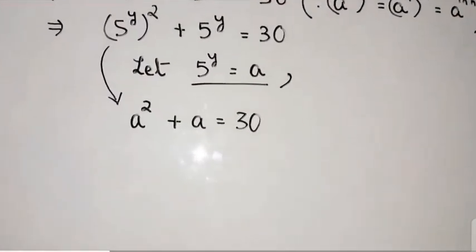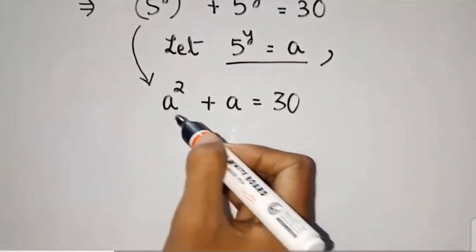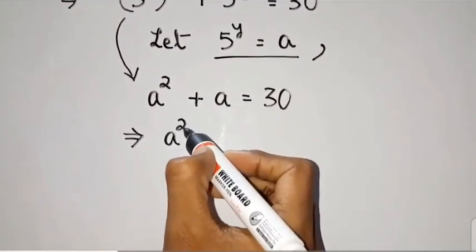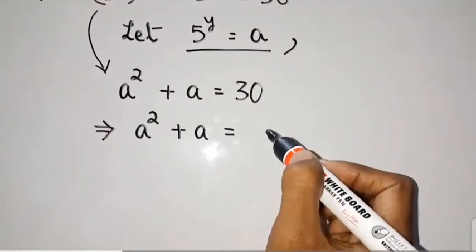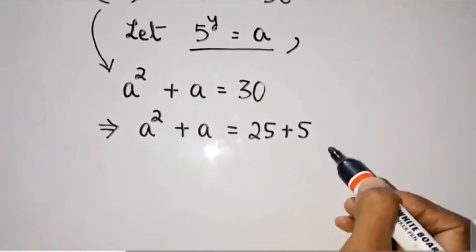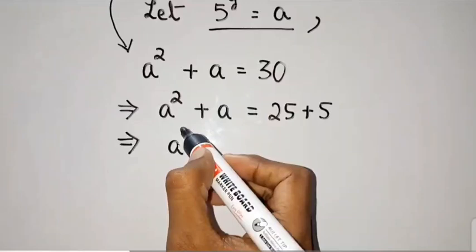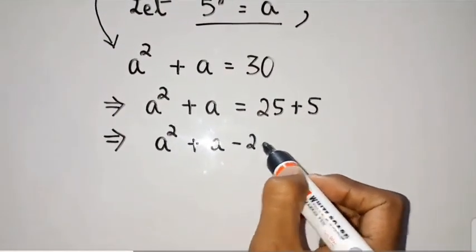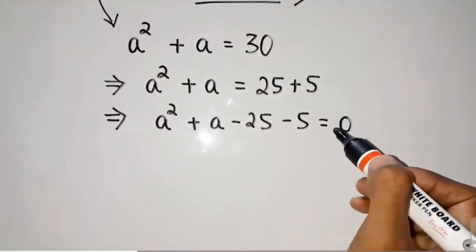Now this can be easily solved. How? A square plus a, we can write 30 as nothing but 25 plus 5, and then we can bring this as a square plus a minus 25 minus 5 equals 0.